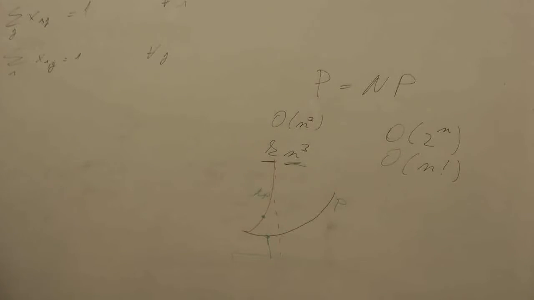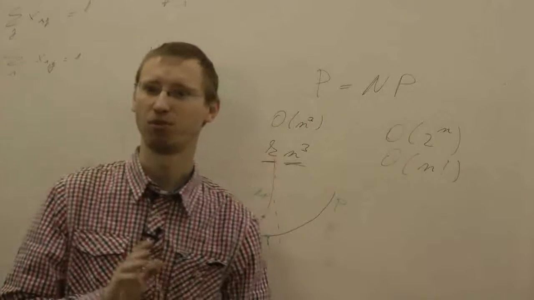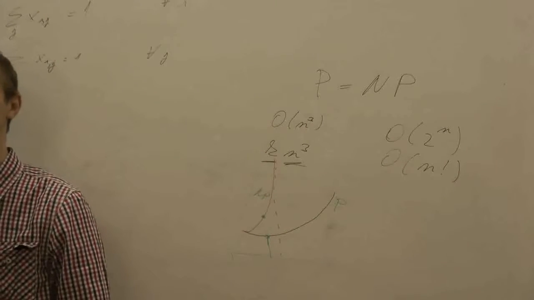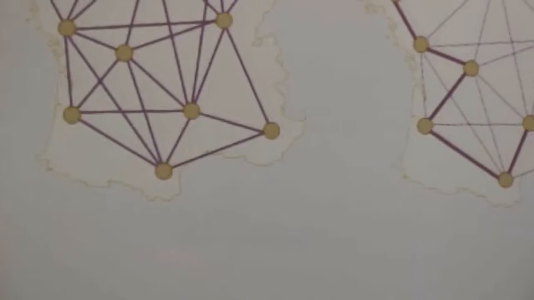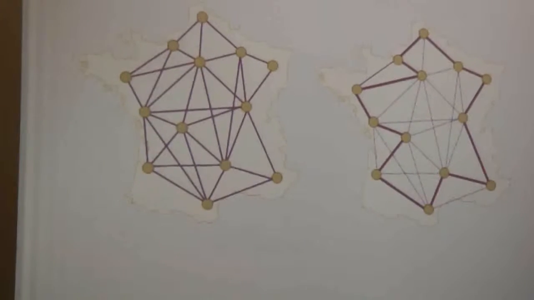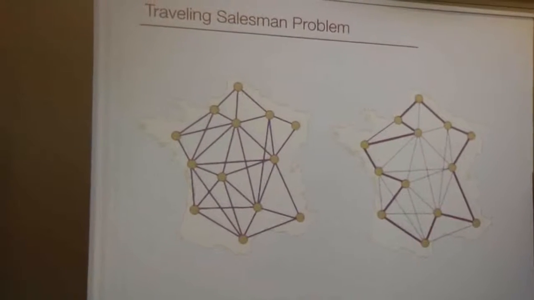Okay? So if somebody would provide an algorithm which solves the traveling salesman problem fast enough, he would be either very rich or very quickly dead. Very quickly dead because if you can solve the traveling salesman problem effectively, it means you can also factor prime numbers very effectively, which means you can crack all those advanced encryption algorithms very easily.